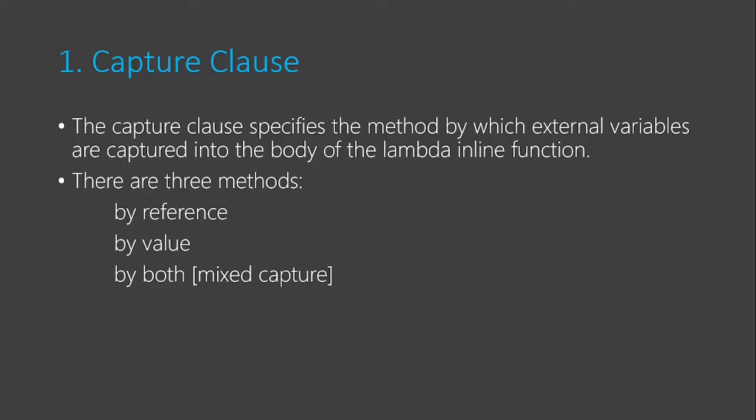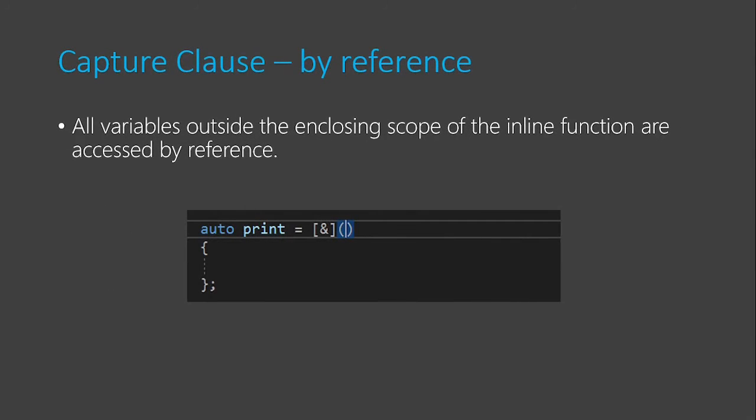So there are mainly three methods in which we may be able to capture the external variables. We may do that by reference, by value, or both, or in fact, none. So let's look at how we would do that by reference. By reference, we simply indicate an ampersand within the square brackets, which is the capture clause.